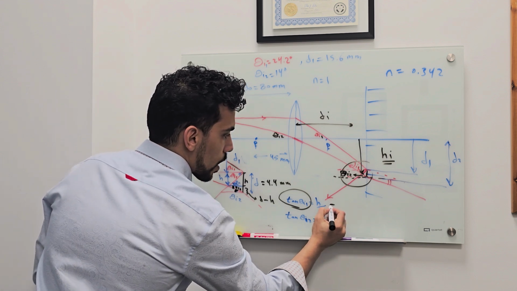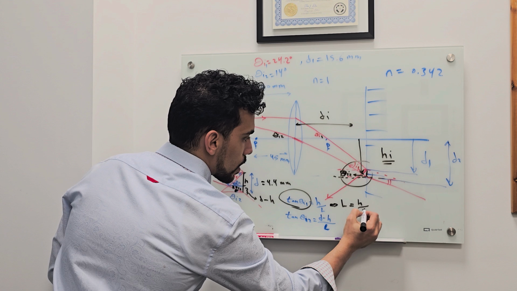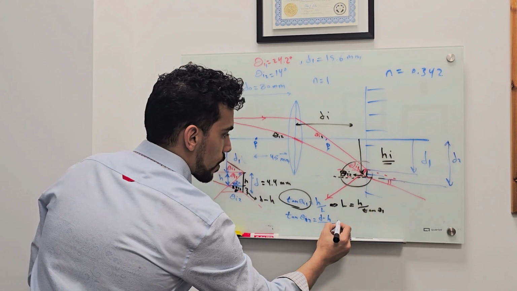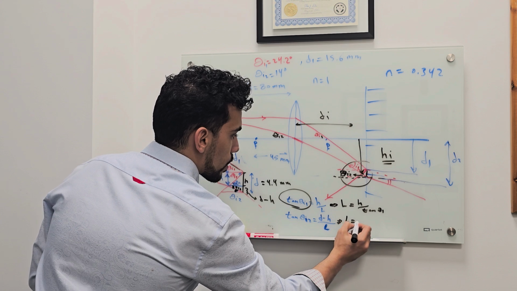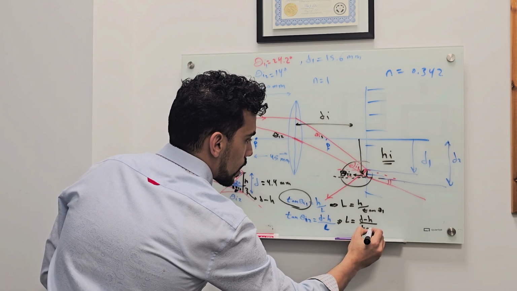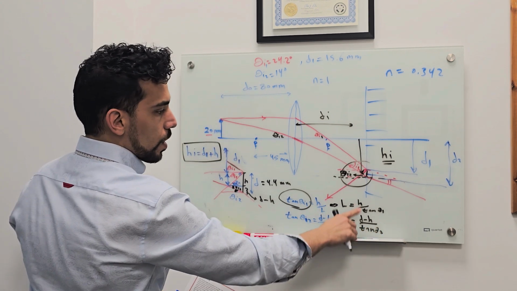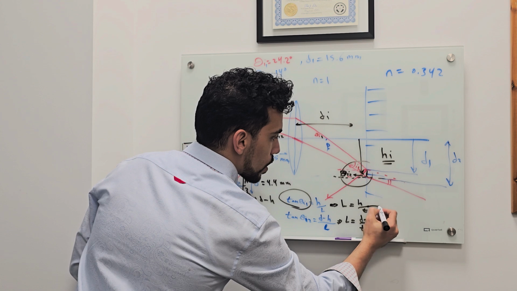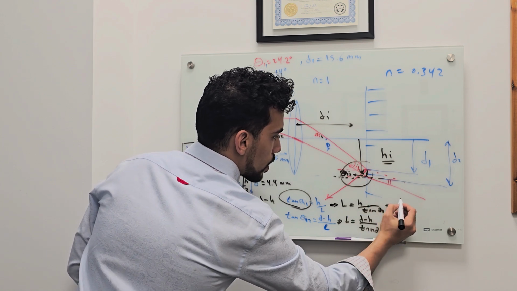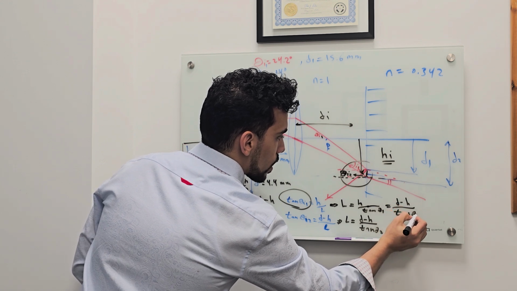So this means that L is equal to H over tan theta 1, and from this one L is equal to D minus H over tan theta 2. So if these are equal, we equate these two together.